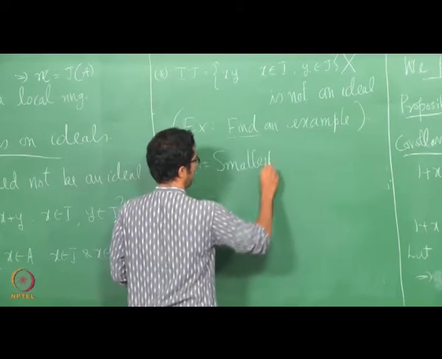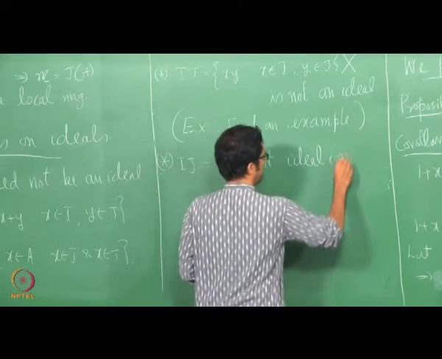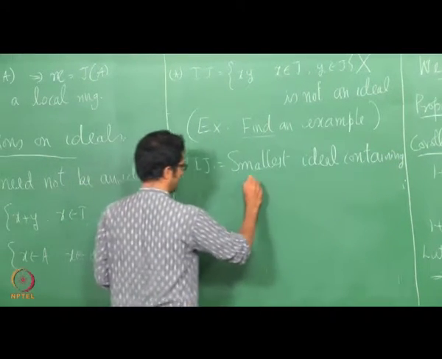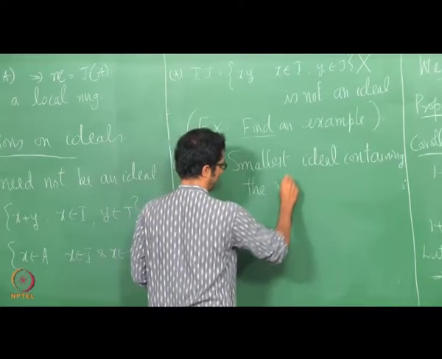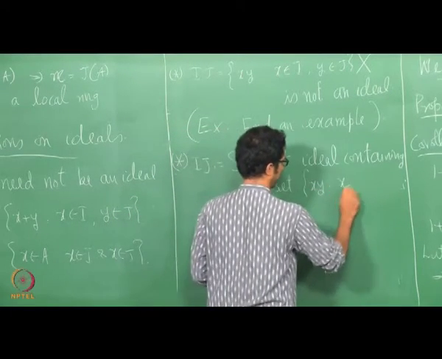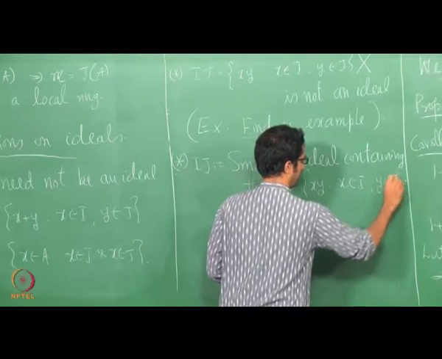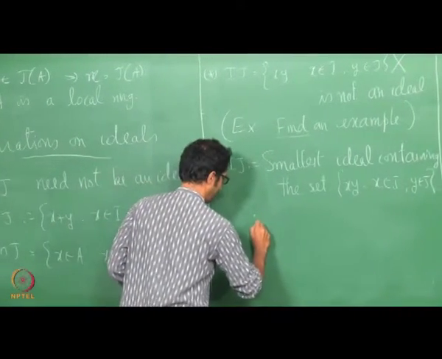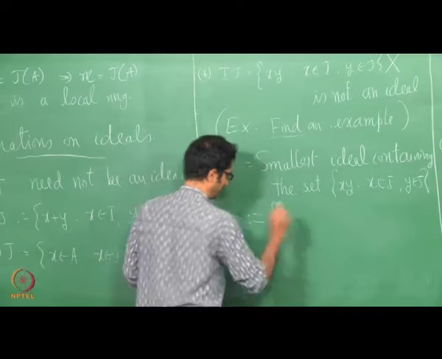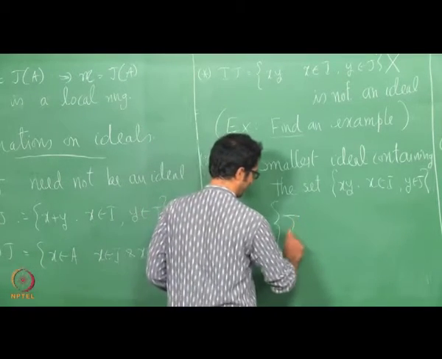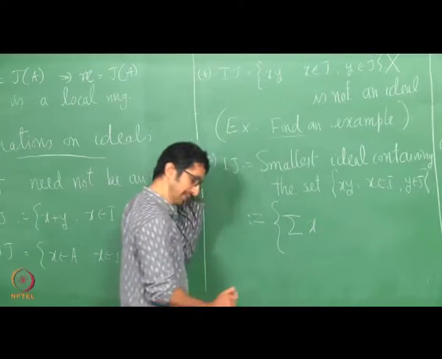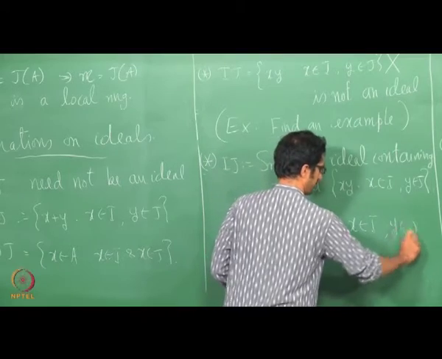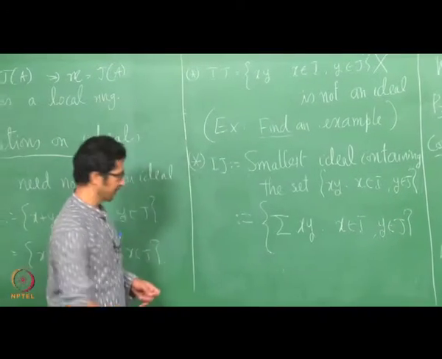So IJ, I define it to be the smallest ideal containing the set, or this is equivalent to writing out the elements in the set like this: the sum of x y, where x belongs to I and y belongs to J. Finite summation.